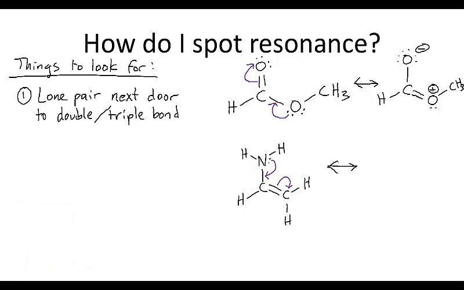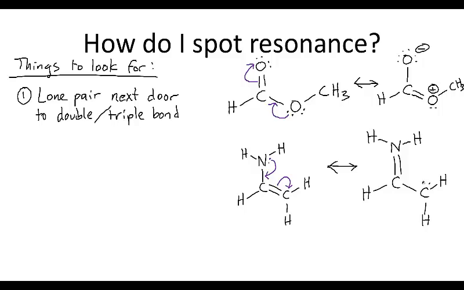Then I would draw my alternate resonance structure. Now the pi bond is between nitrogen and carbon. Where's the lone pair? On the carbon. And so that's going to have formal charge consequences.